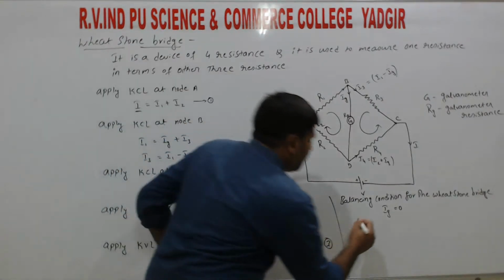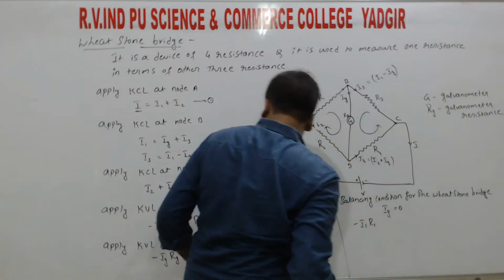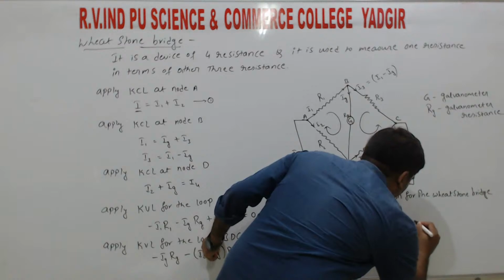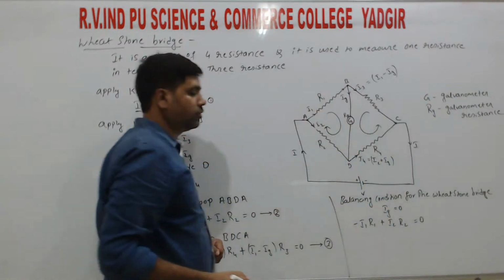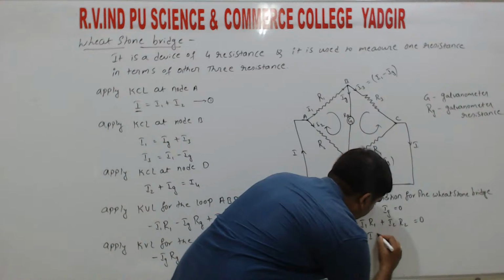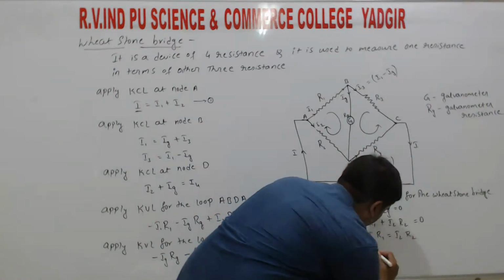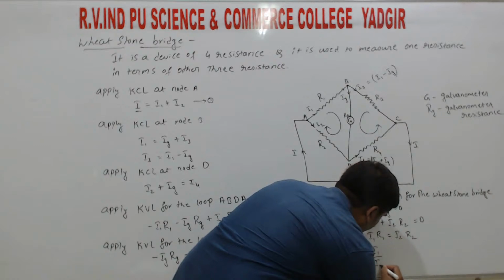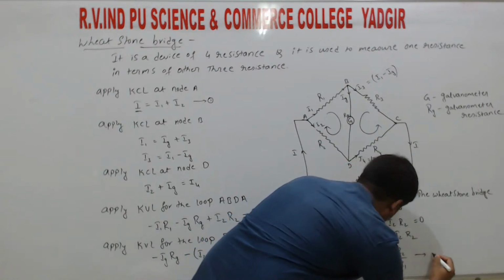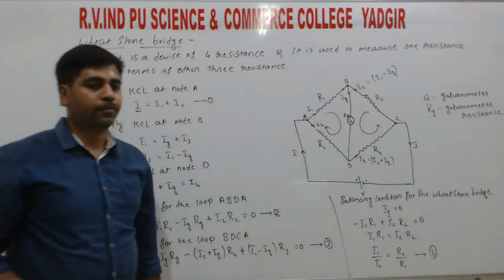Then we get minus I1 R1 plus I2 R2 equals 0. Rearranging, I1 R1 equals I2 R2. So I1 by I2 equals R2 by R1. Calling this equation 4.